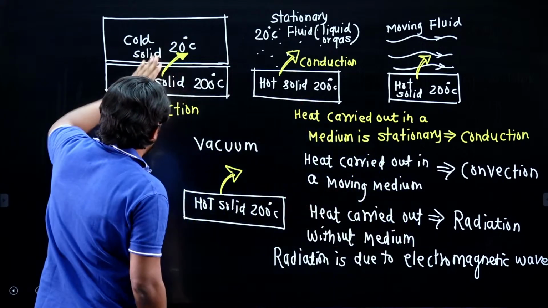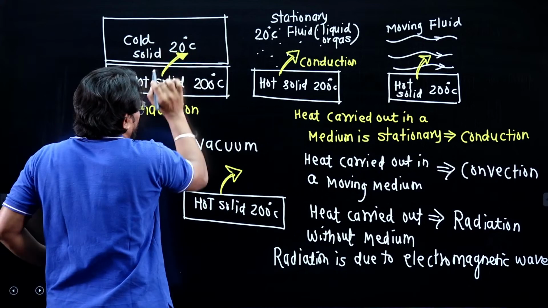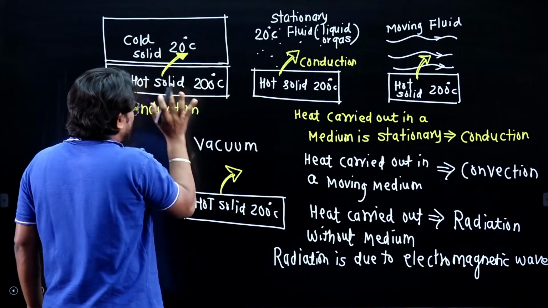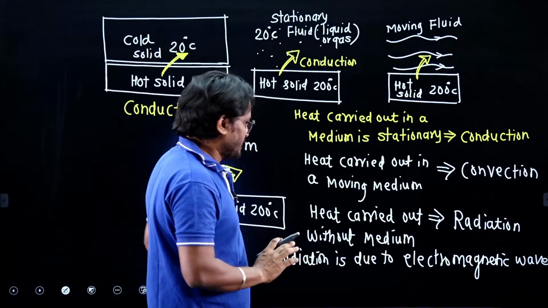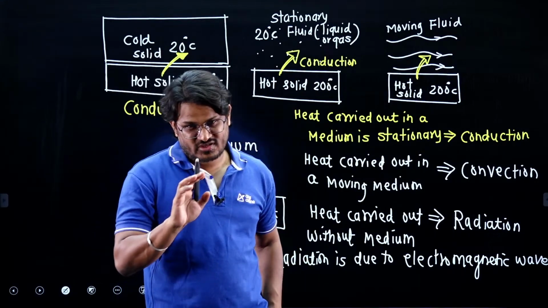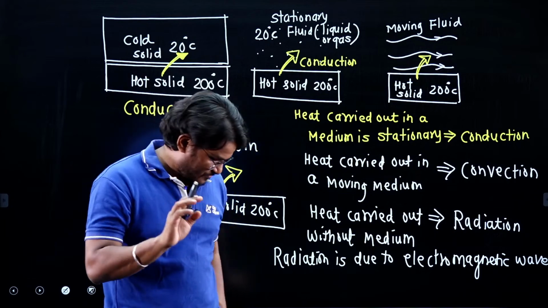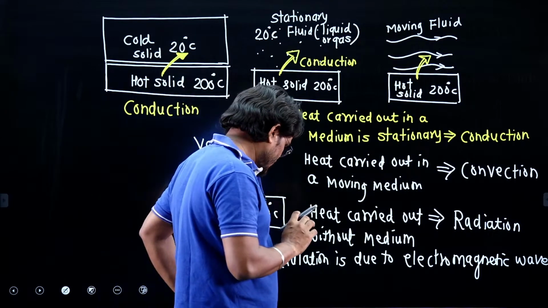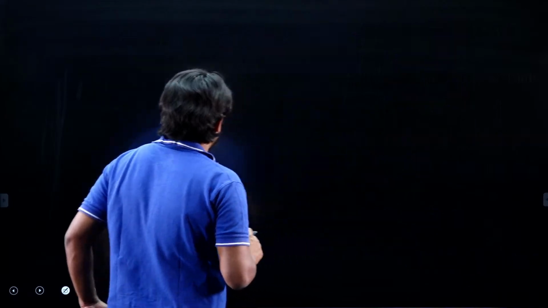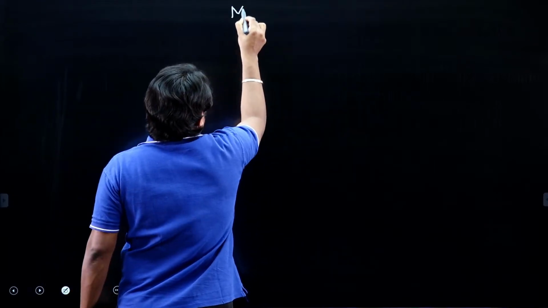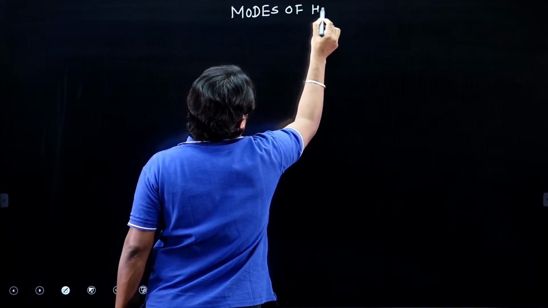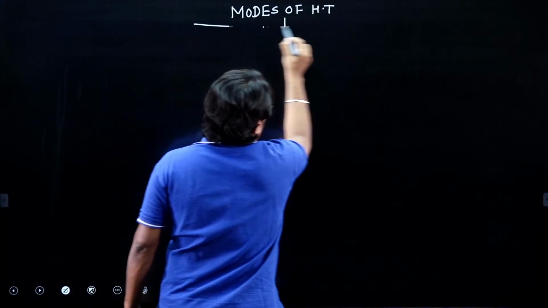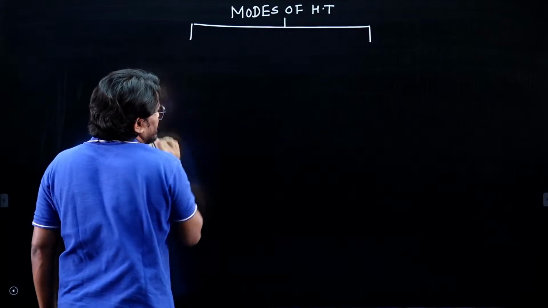Now in a solid, the heat is carried out for different reasons. Right now we will not discuss the reason for that. Right now you just focus on this: there are three modes of heat transfer. Please try to understand. If you see the modes of heat transfer, how the heat will be carried out, you will have three categories.